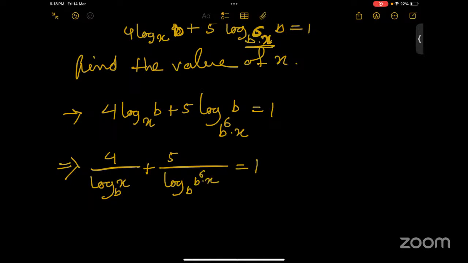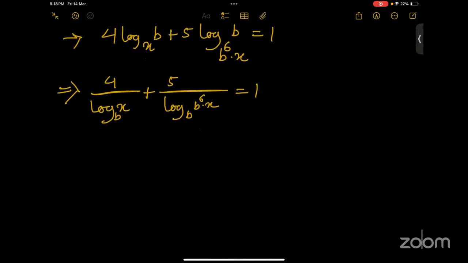Now you just try to think what can we use. You have to use the typical formulas and find the value of x from here.